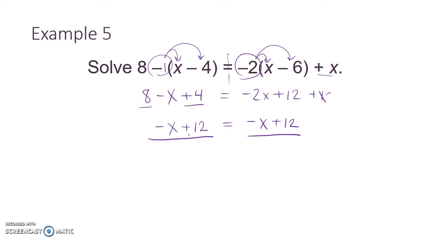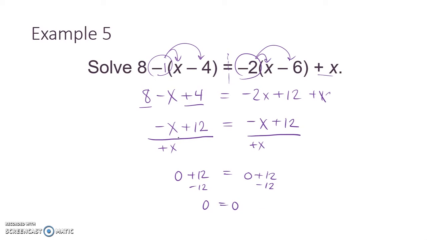And we could go ahead and finish solving it out just to see. If I add x to each side, I end up with 0 plus 12 equals 0 plus 12. And then if I want to technically move my 12s over, I would subtract 12 from each side, so I end up with 0 equals 0, which is true.